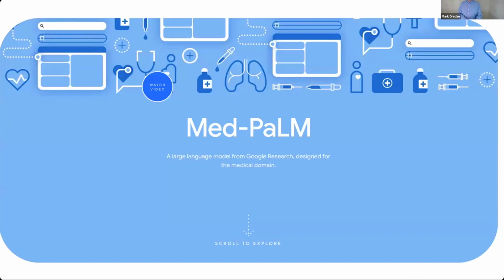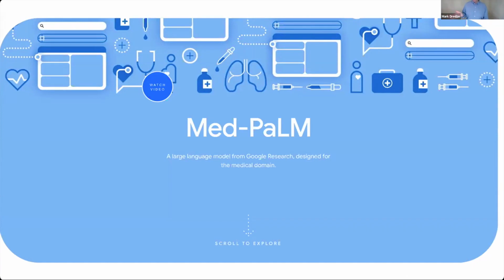MedPalm is an adaptation of Google's Palm system. So Palm is Google's version of ChatGPT. You can actually now interact with it. They call the public version, I think, Bard. Maybe I'm wrong about that. I can't remember. I don't remember the branding, but whatever. You can go on to Google's website and play with the model.